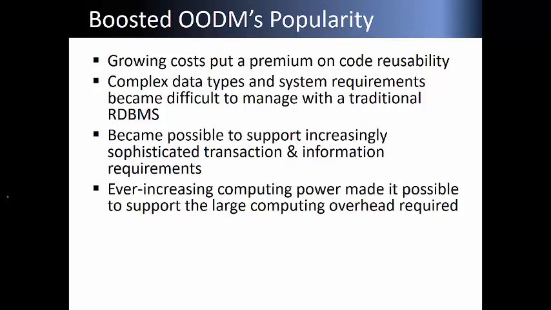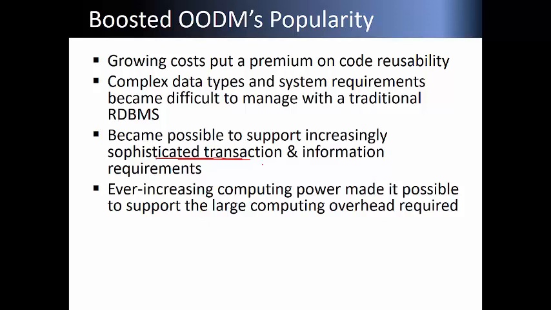So object-oriented data models became possible to support increasingly sophisticated transaction and information requirements. Sophisticated transactions means that in a relational database, if you want to map relationships between tables over a longer distance, then you need to make multiple joins.